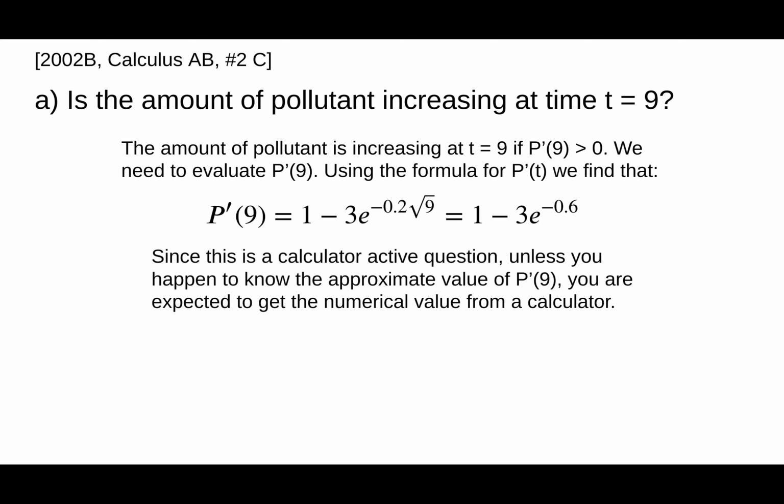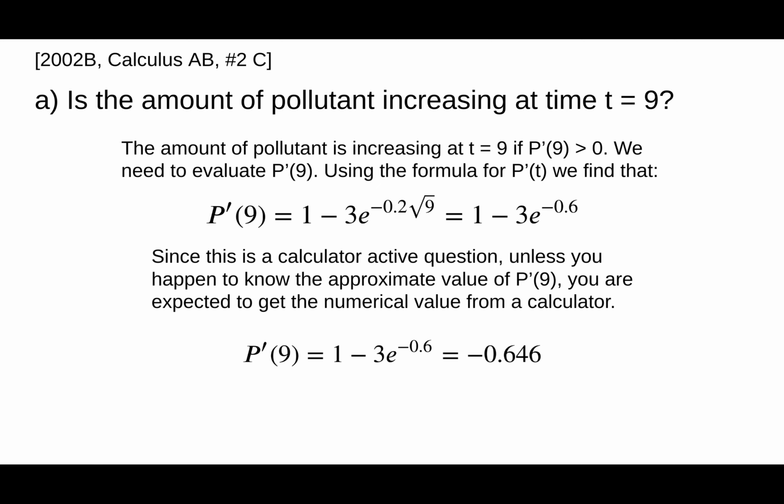If we use our calculator to determine 1 minus 3 times e to the negative 0.6, we'll be able to look at the sign and determine whether or not the amount of pollutant is increasing at time t equals 9.